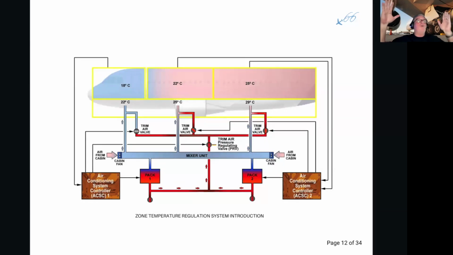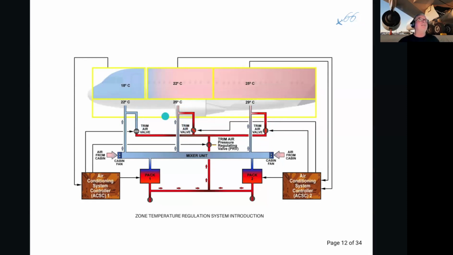They allow more or less hot air to come in, depending on what the pilot has selected, hot or cold, on their temperature selector. Okay, so the hotter they want the cabin, the more hot air these trim air valves allow to come in to mix with the freezing cold air and go to the different zones.